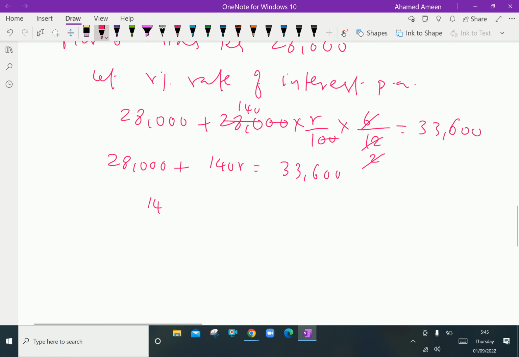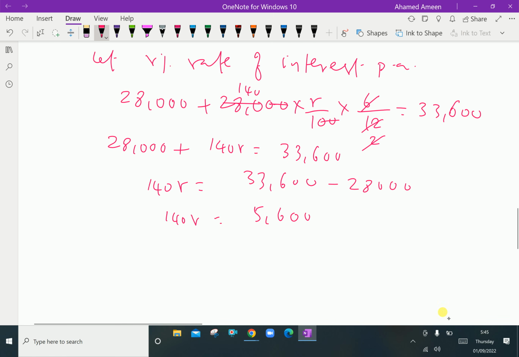Therefore 140 R equals 33,600 minus 28,000, which is 5,600. Therefore R equals 5,600 over 140. Let us calculate this.